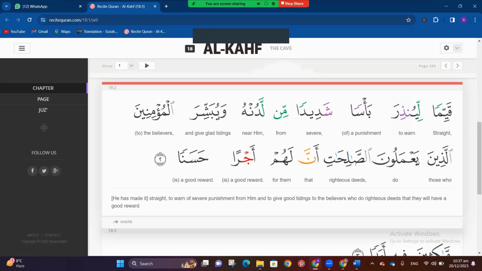Ya'maluna salihati. Then there comes a letter sad, which is different to seen, as in ba'san. How they are different is that seen is a bit light, s, with a whistle sound as well. But sad has no whistle in it, and also it is a bit heavy.